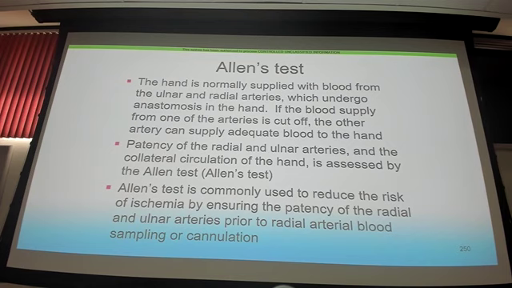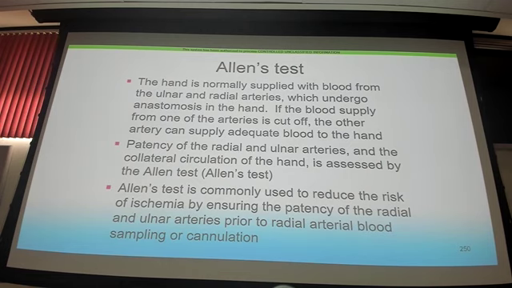Before you can stick a needle in somebody's radial artery, or any artery in the body, especially the hand, remember that if you cut off the blood supply to the hand, that's not going to be good. So you have radial and you have ulnar.